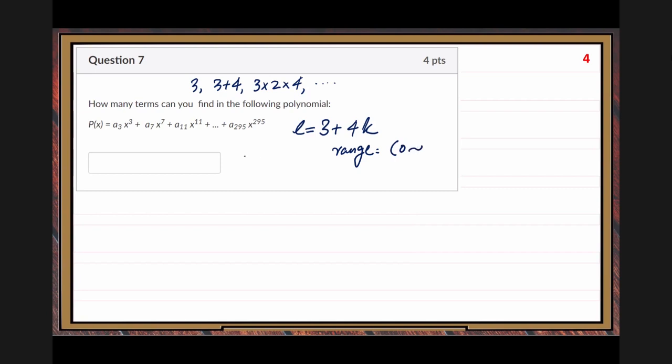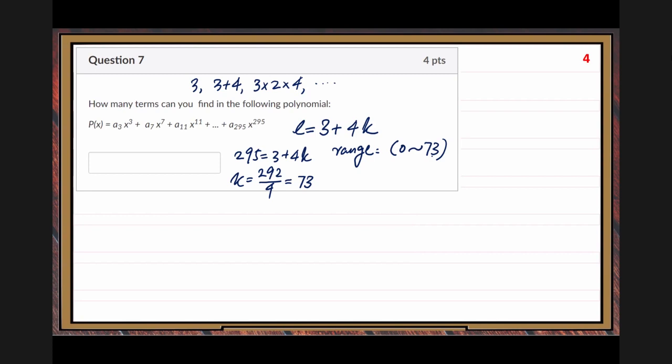Because 295 equals 3 plus 4k, k equals 292 over 4, which is 73. So from 0 through 73, consecutive integers starting from 0 through 73 inclusive.